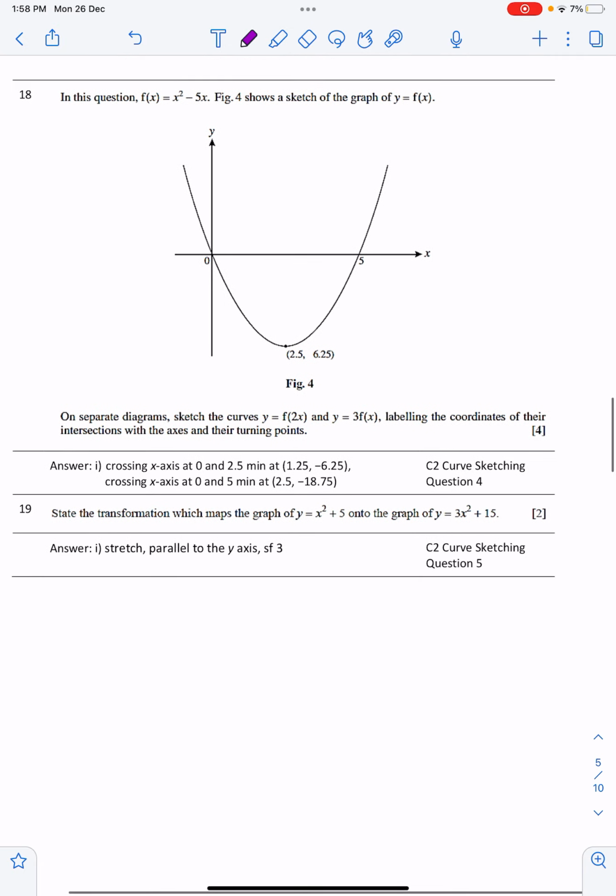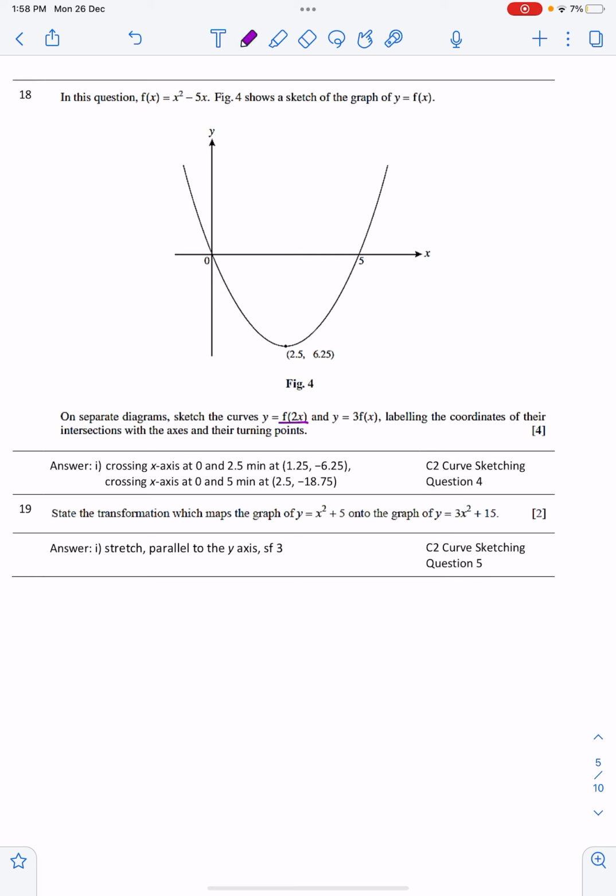Question number 18. In this equation, f of x equals to x square minus 5x. Figure 4 shows a sketch of the graph of y equals to f of x. On separate diagrams, sketch the graph of y equals to f of 2x and y equals to 3 times f of x. I am doing it on the same diagram, graph of y equals to f of 2x.